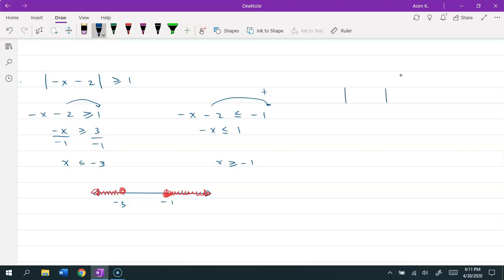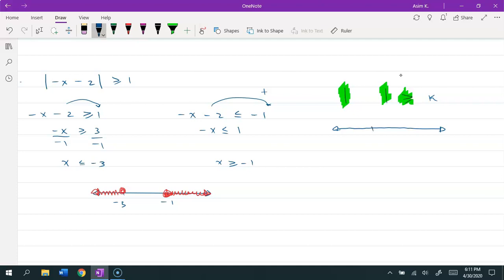Whenever you have an absolute value of anything, and it's going to be a number that's greater than or equal to some other number, let's just call that number k, what's most important here, by the way, is the absolute value and the fact that it's greater than or equal to. That's what's really important. That's why I left everything out, all right?